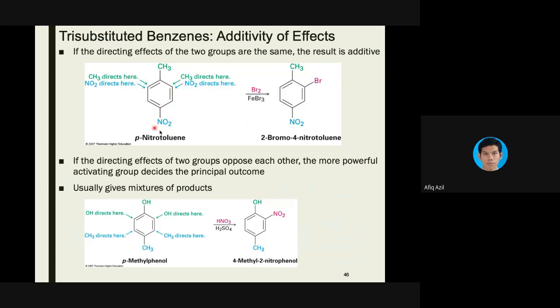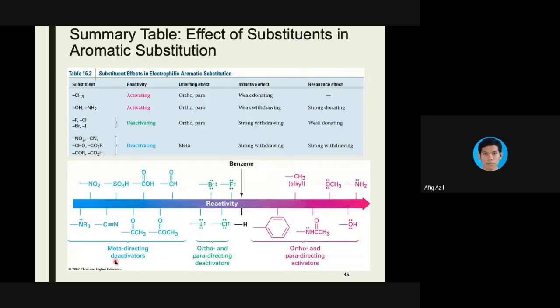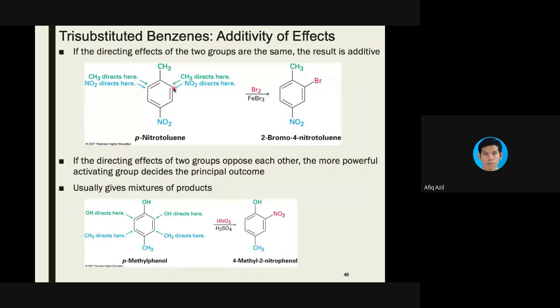So the para position is not free, meaning that it's not available because there's already a nitro group over here. So you can either put it here or here. Now for nitro group, from the scale, it is a meta-directing deactivator. Meta-directing means from the perspective of nitro.